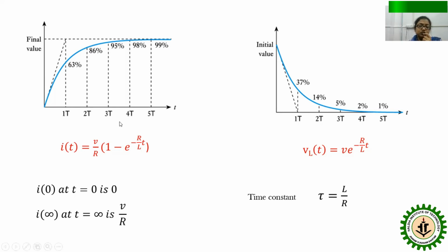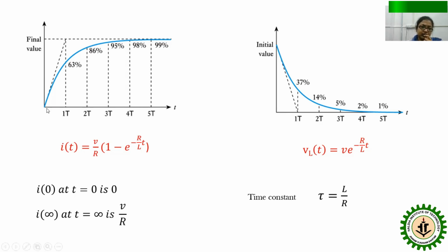Now 1t, 2t, all are representing time constants. Here this is the time constant, meaning if I take 63.2% of the final value, that represents one time constant. Then we can consider 2 tau, 3 tau, and this way up to 5 tau. When we reach 4 tau or 5 tau, we can say we reach a steady state condition.